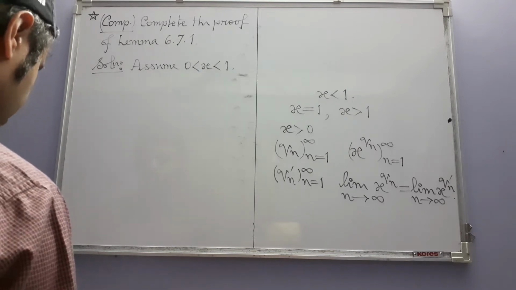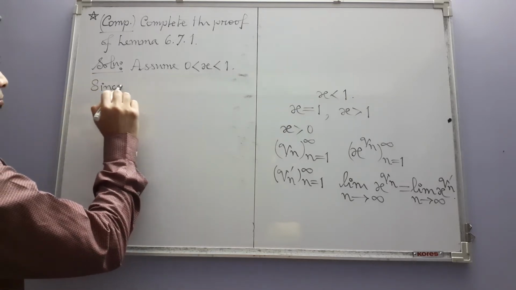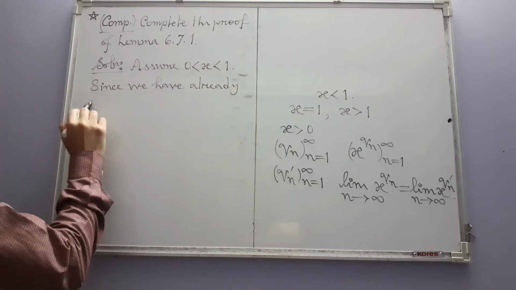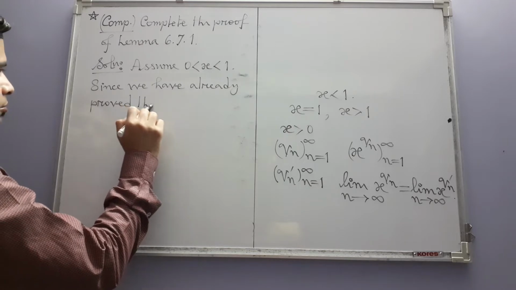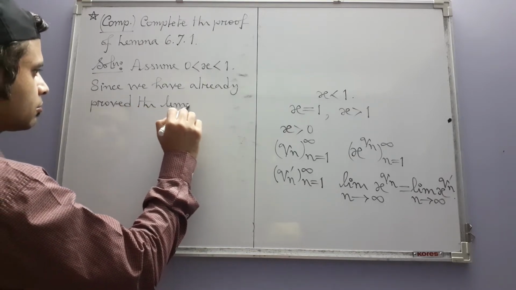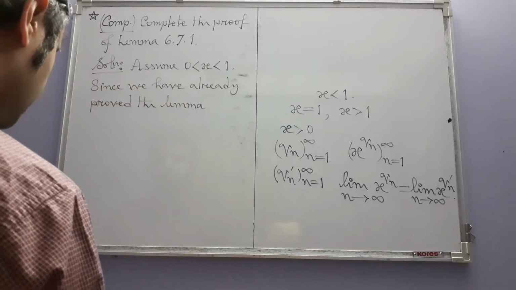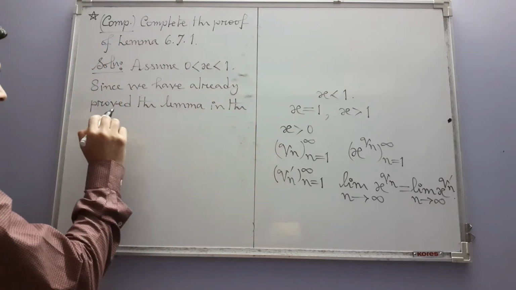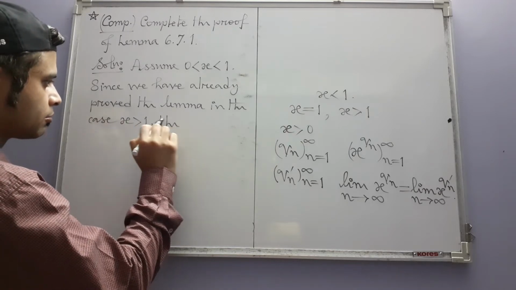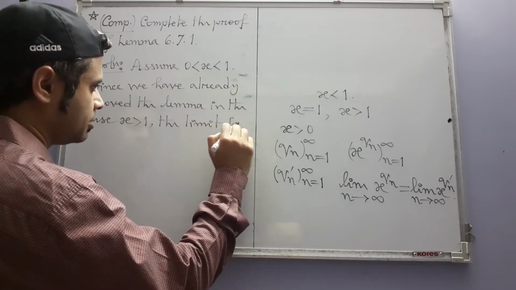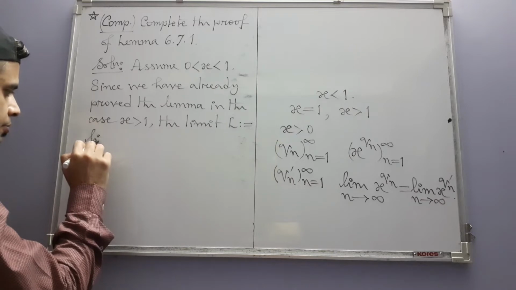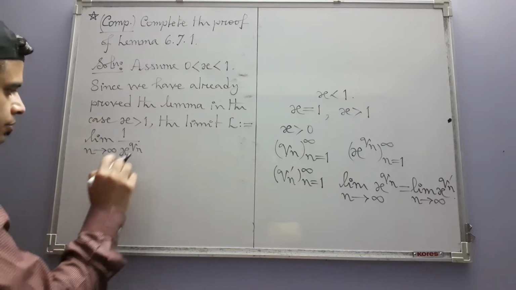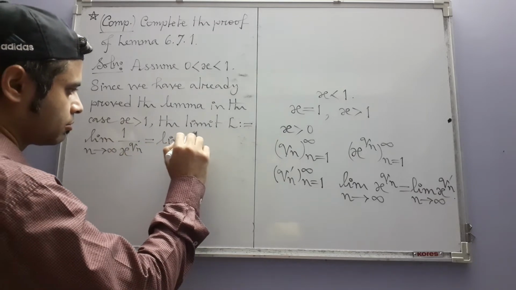Since we have already proved the lemma in the case where x is greater than 1, the limit L exists, which is this limit of 1 over x to the power qn.